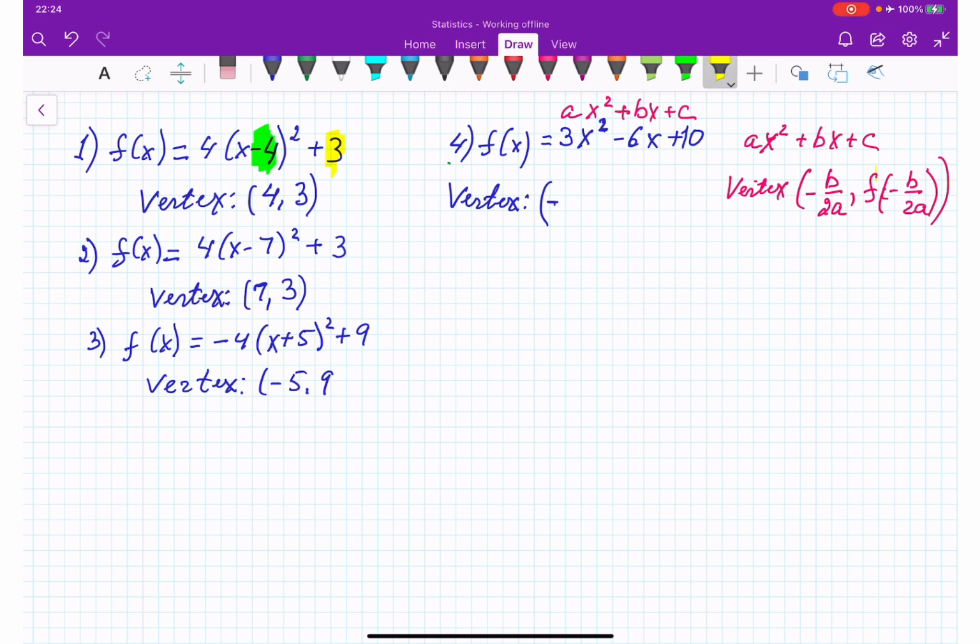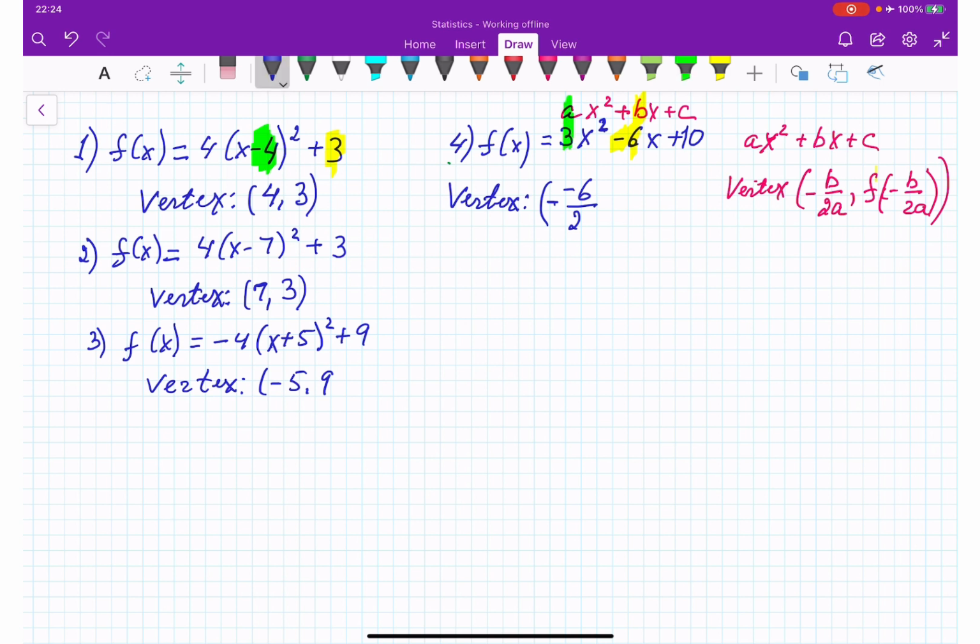It's right here, 6. So my b is negative 6. So it's going to be negative of negative 6, which will give me positive, negative, negative. And divided by 2 times a. How much is a? 3, right?